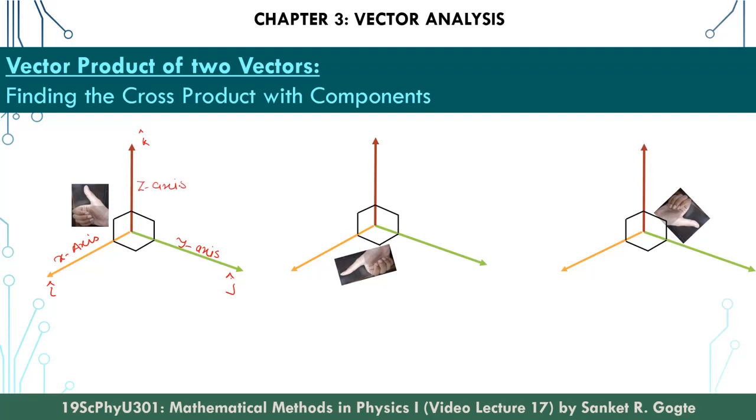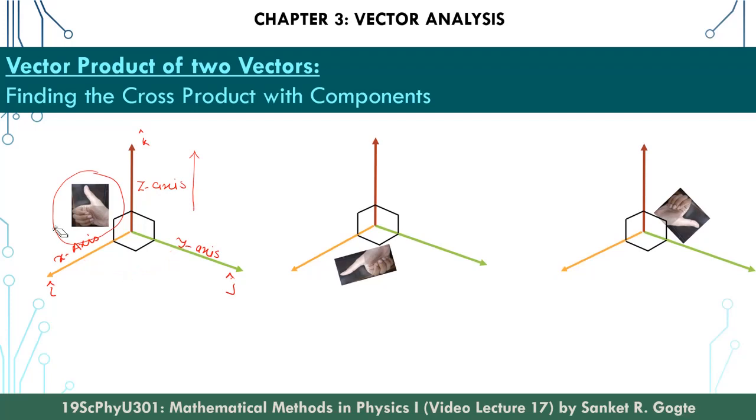Always keep in mind that we use the right hand coordinate system, which means that if I hold the right hand in such a way that the curled fingers denote the rotation from the positive x-axis to the positive y-axis, then the thumb always gives the direction of the z-axis, which is unit vector k.